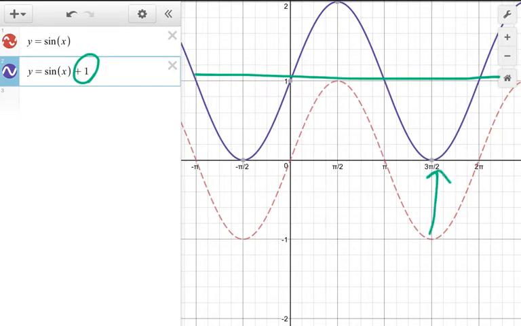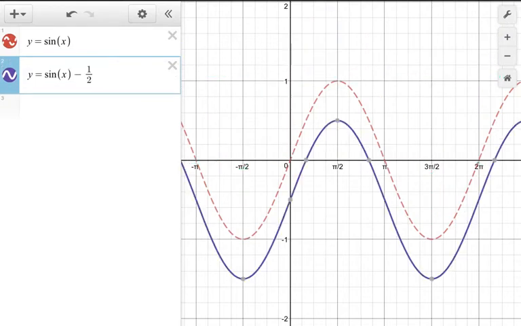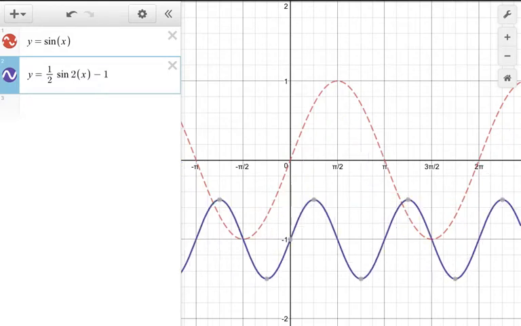So all of these points are going up 1 unit, and the midline, which was here, is also shifting up 1 unit. So there's an example where I've shifted down half of a unit. So the midline is at y equals negative 1/2.